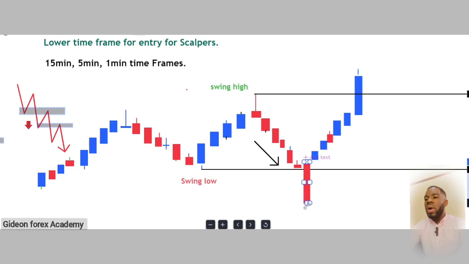Usually in lower time frames you can really see it moving like that, especially in the New York session or during news. So be careful. Don't immediately jump in for a sell here.